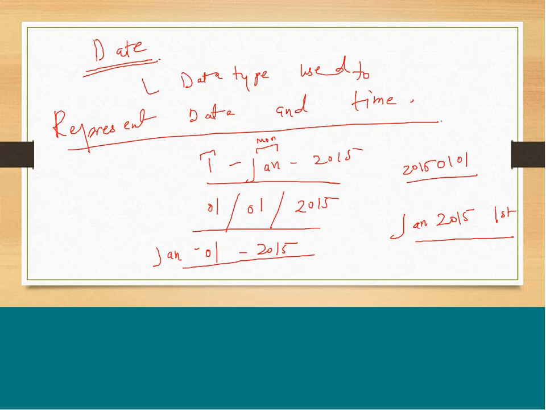This first character represents the day, and these four characters represent the year, right? Now have a look at all of them. How will you read any of them? For you it is 1st of January 2015, right?